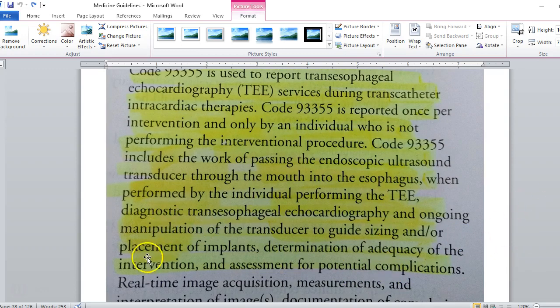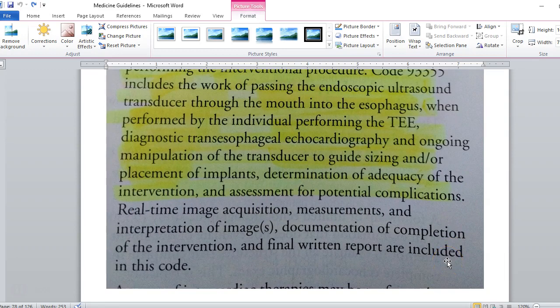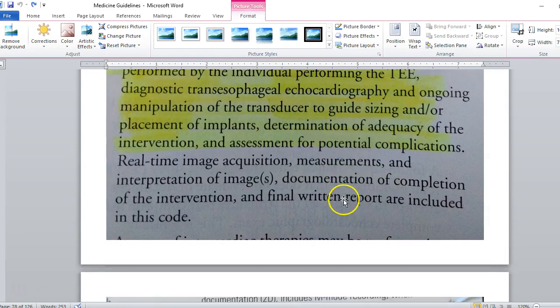So again, they could be placing something, they could be looking to try to diagnose, or they could be looking for complications. And again, these are real-time images. So again, the final written report is always included. Remember, all radiology codes include the written report. It's part of the code.